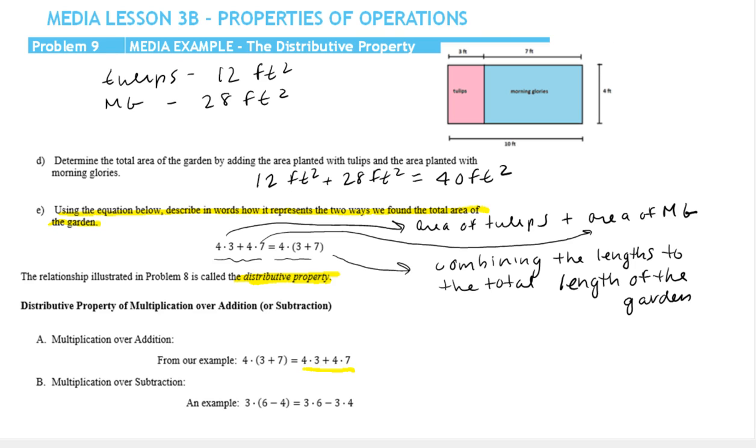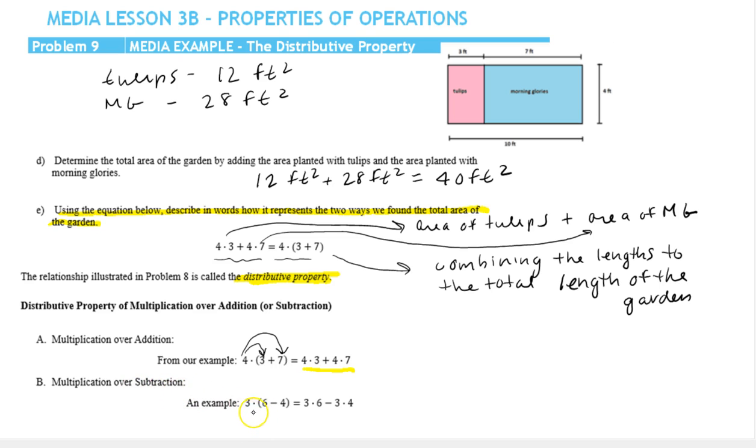And a way that people like to think of this is you can multiply the 4 times the 3 and then add the 4 times the 7. And we can think of that as distributing the 4 to the two addends in parentheses, 4 times 3 plus 4 times 7. In addition, this works for subtraction.